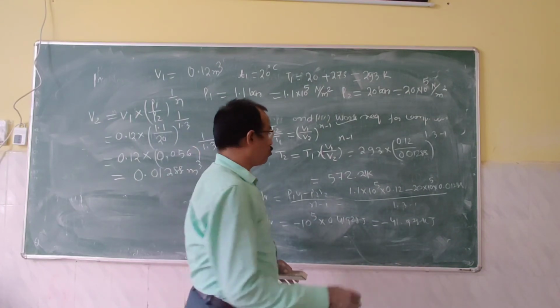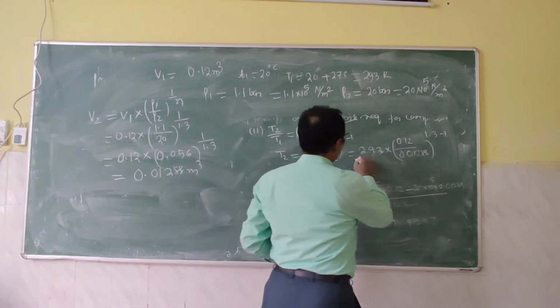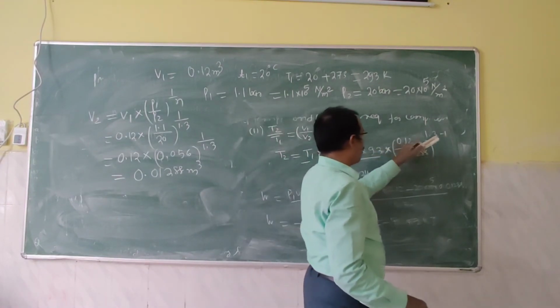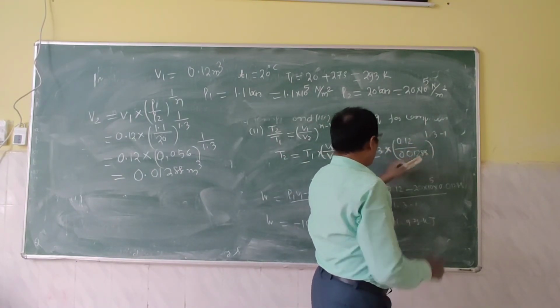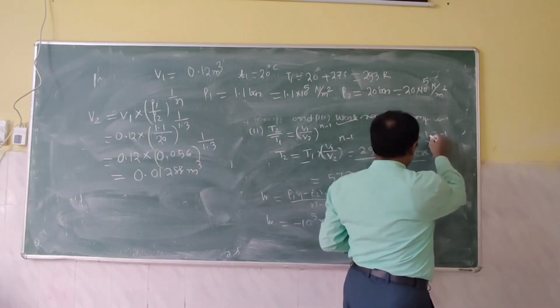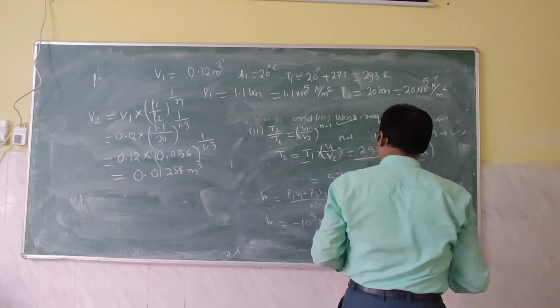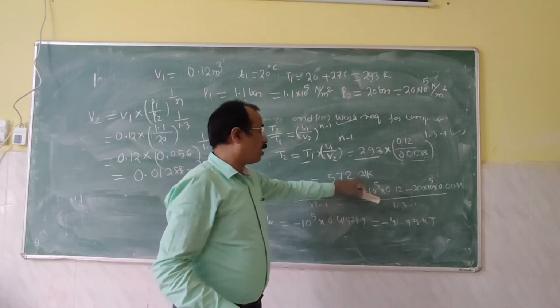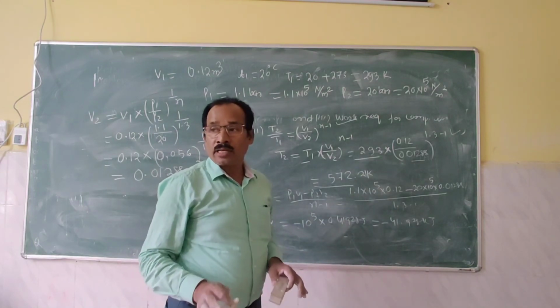Putting all the values, we have T2 is equal to 293 into (0.12 divided by 0.01288) to the power 1.3 minus 1, is equal to 572.21 Kelvin.